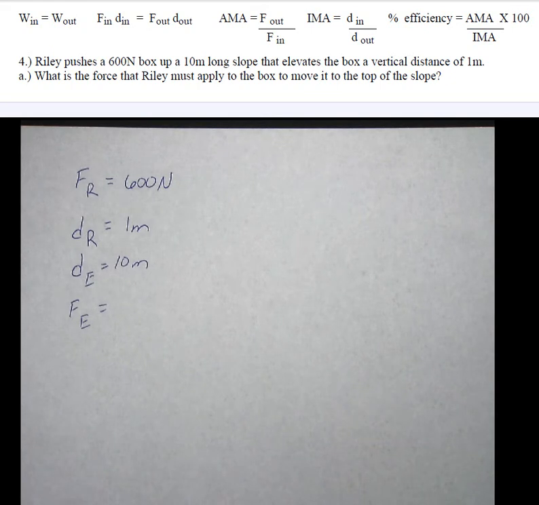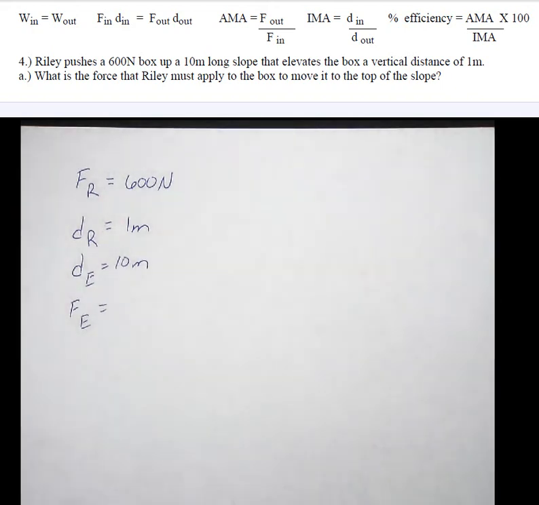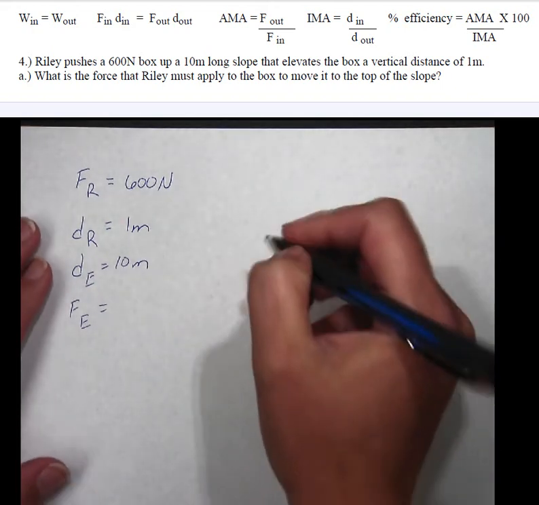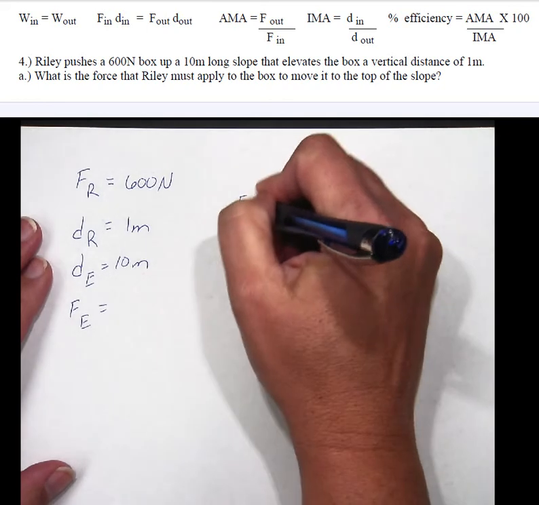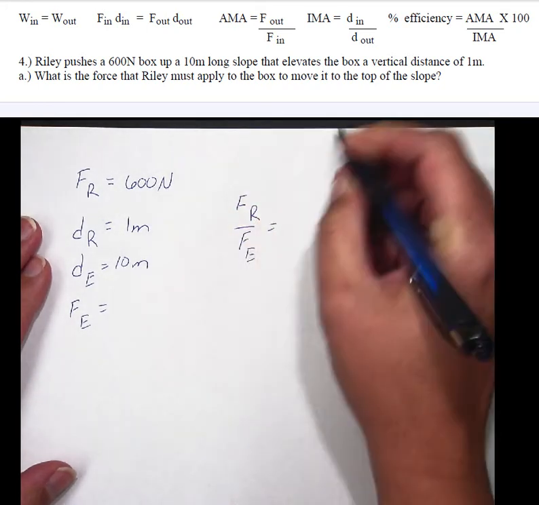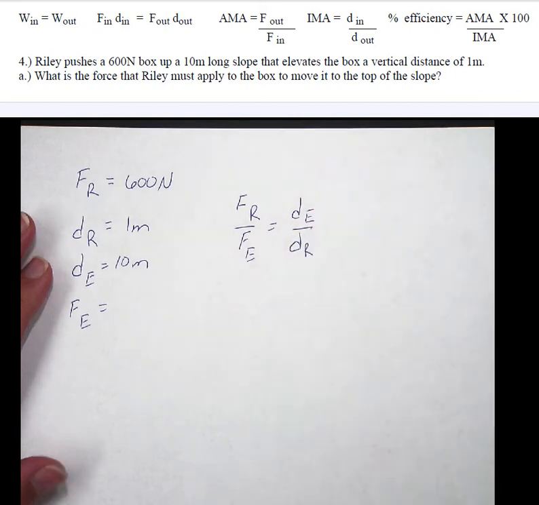Again, we're looking at Hogantopia here on paper. We have to assume that IMA equals AMA. So if I'm assuming that IMA equals AMA, then we say force resistance over force effort equals distance of your effort over distance of your resistance.